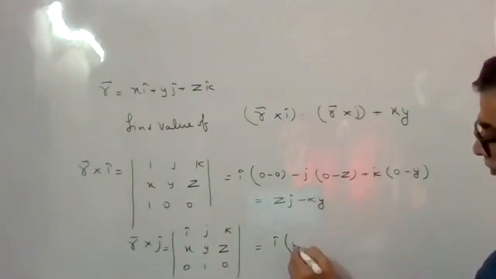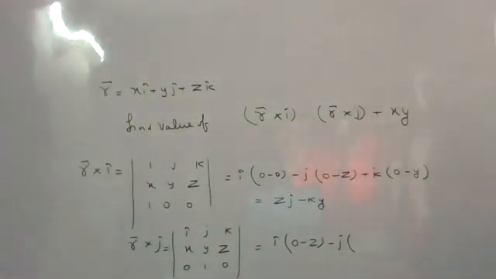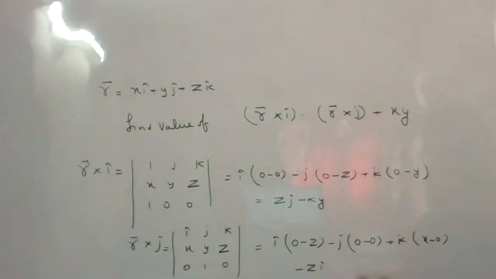What it will be, 0 minus z, minus of j, 0 minus 0. Then comes k, x minus 0. So it becomes minus of zi plus of xk.